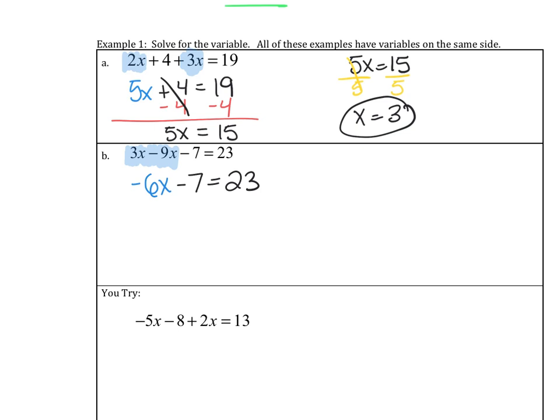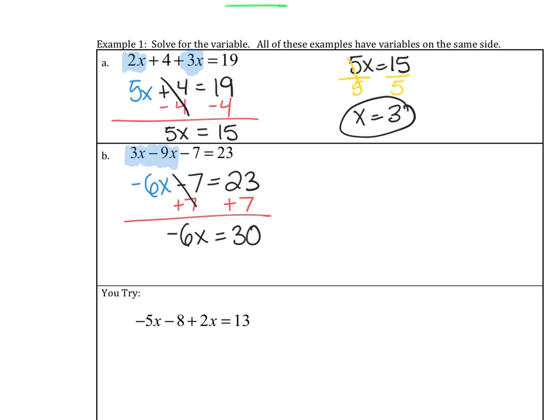So remember, I'm going to get rid of the adding and subtracting first. So since it's minus 7, I'm going to add 7, always to both sides. When I add 7 to both sides, I now get negative 6x, the 7's go away, equals 23 plus 7, which is 30.